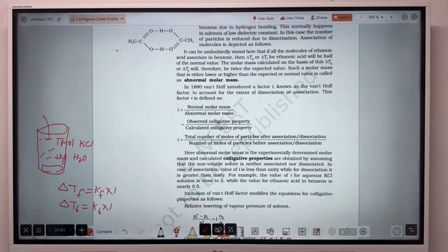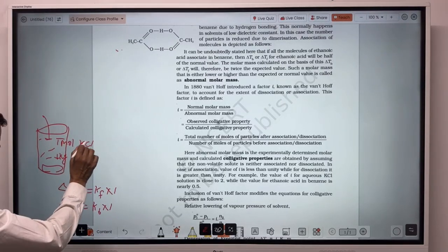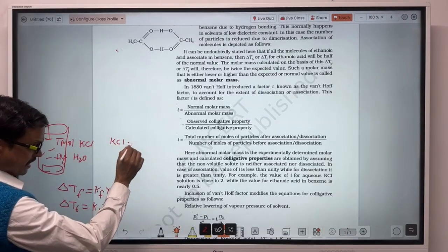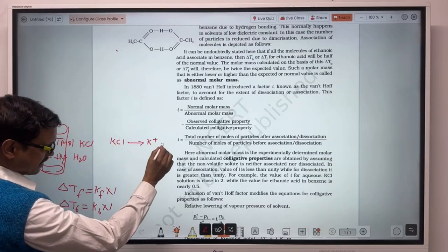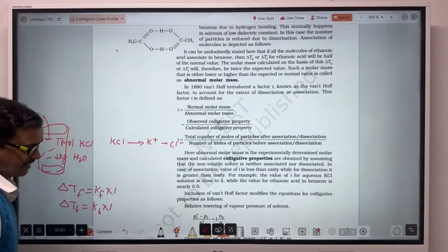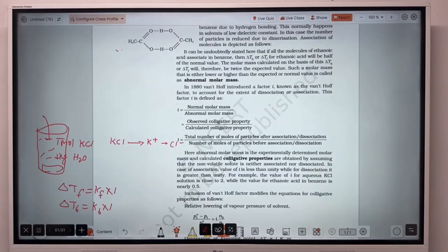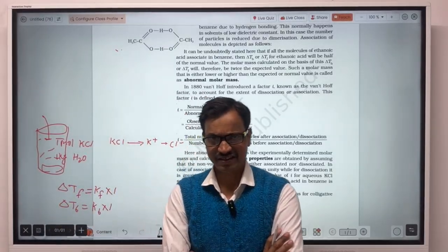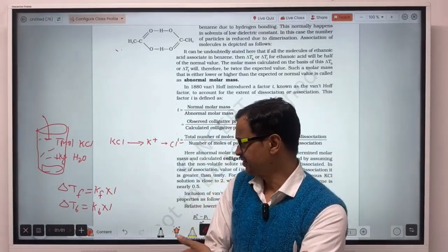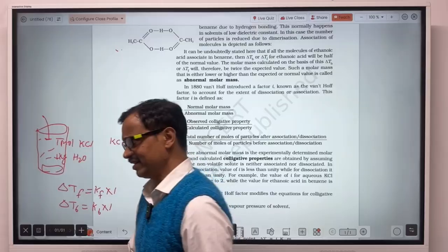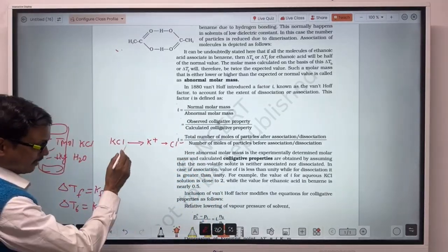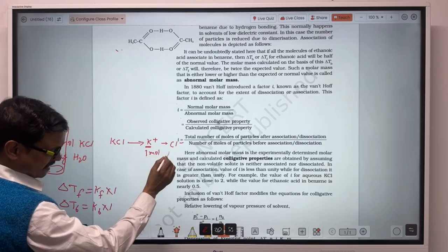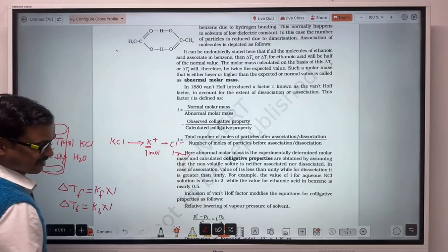But actually, when you dissolve KCl in water, the KCl dissociates into K+ and Cl-. That means 1 mole of KCl in 1 kg of water forms 1 mole K+ and 1 mole Cl-.